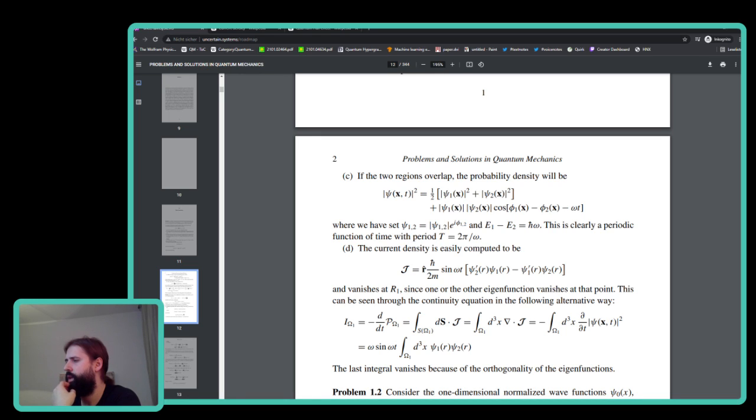Oh, wait a second. Maybe this is something. Maybe I'm approaching this from the wrong perspective. Maybe this is something that is derived out of the continuity equation. So you're saying this can be seen through the continuity equation in the following alternative. Oh, no, it's an alternative way. Okay, so it doesn't matter.